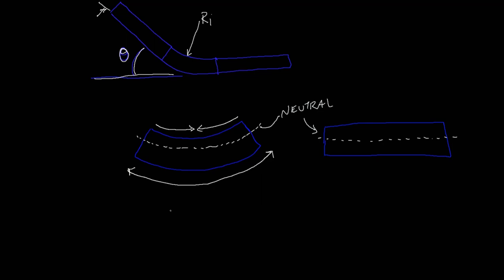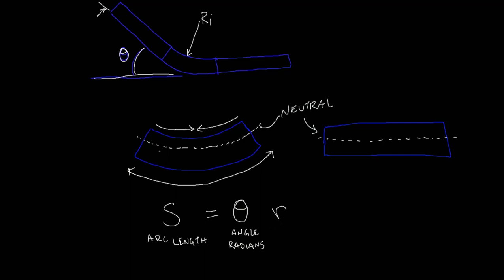So S, which is arc length, is equal to the angle in radians times the radius.